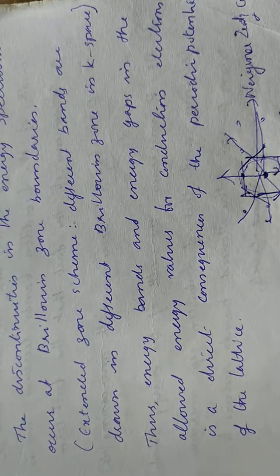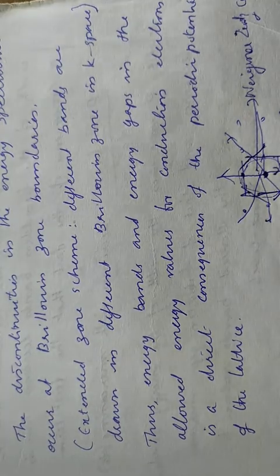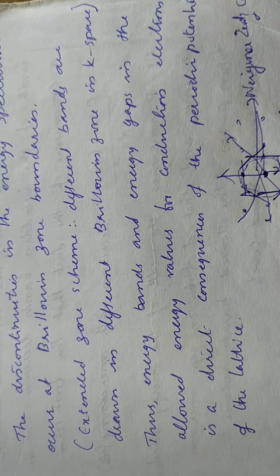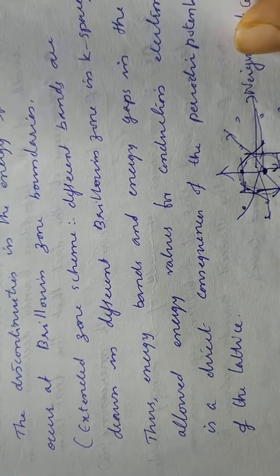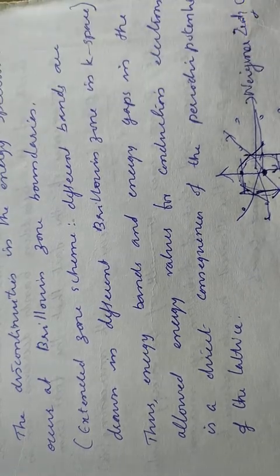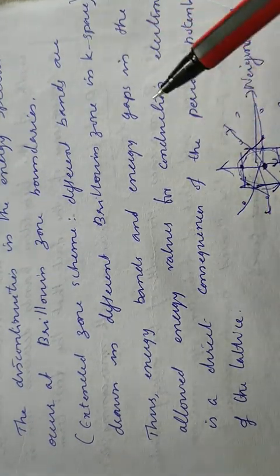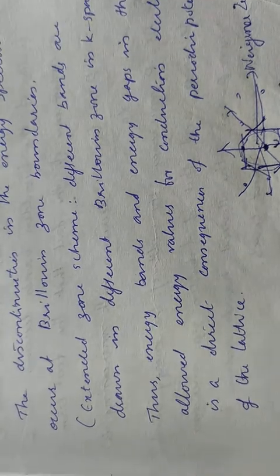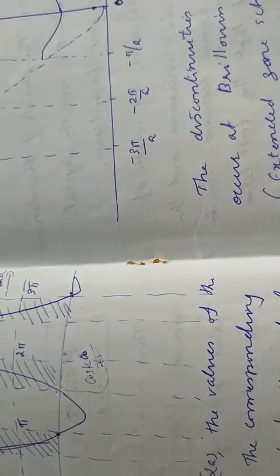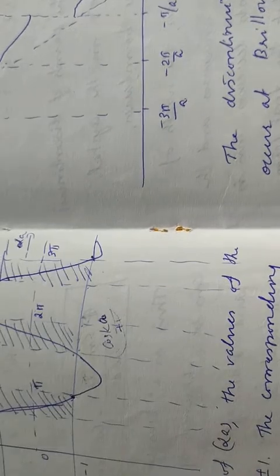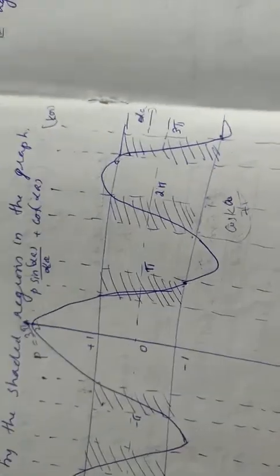And what we got at the end is allowed energy values and forbidden energy values. So this energy gap occurs due to this periodically varying potential. Okay, so this is the Kronig-Penney model, and this explains how the energy bands originate in such a system.